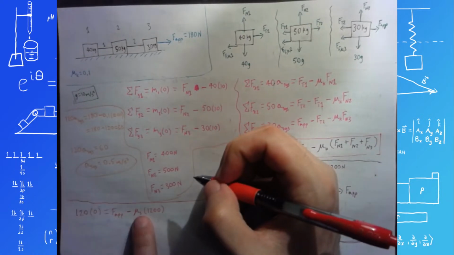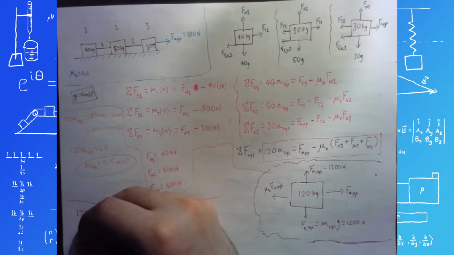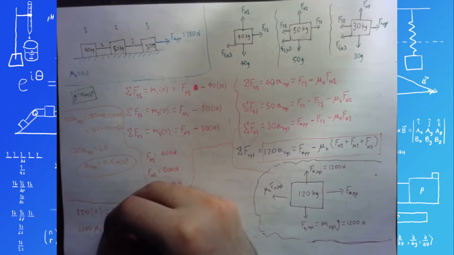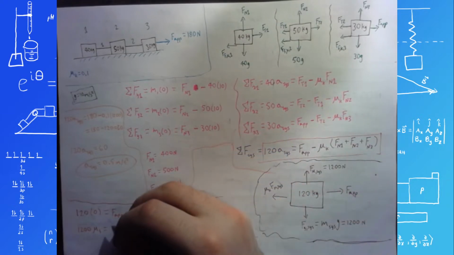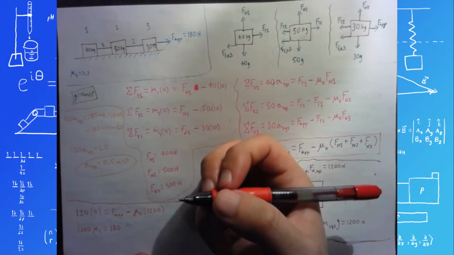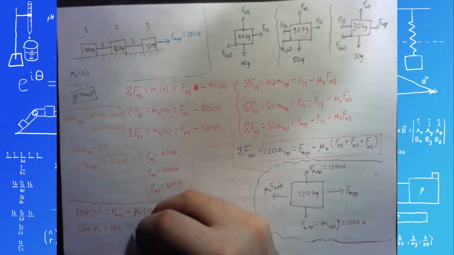So if I add this over to the left-hand side, so that's a 0, I've got 1200 mu static equal to the force applied, which is 180. 180 over 120 would have been 1.5, so 180 over 1200 is a tenth of that, 0.15.